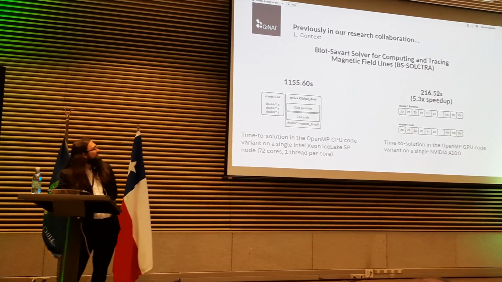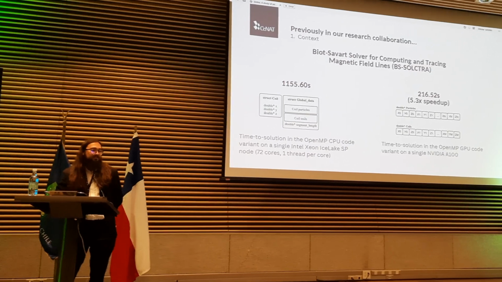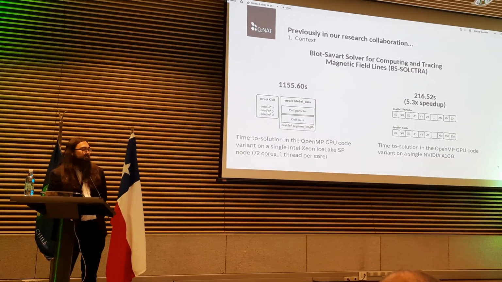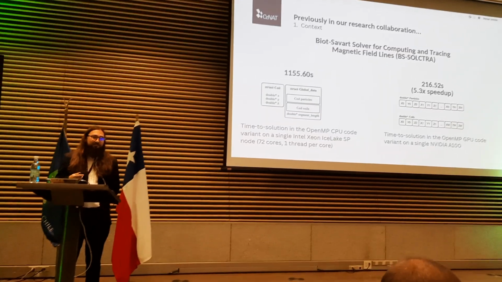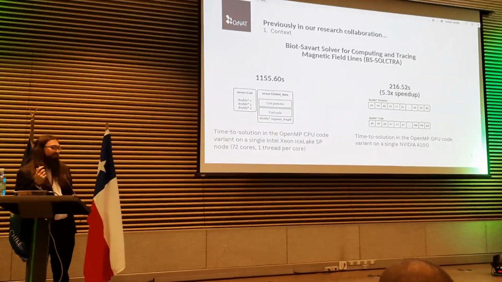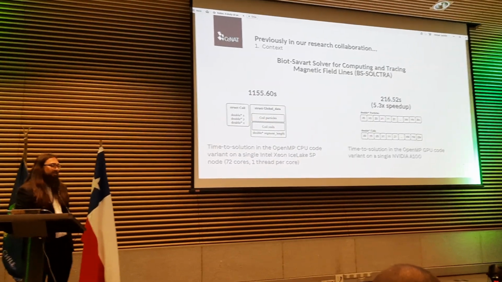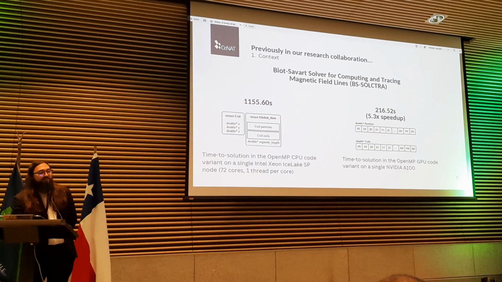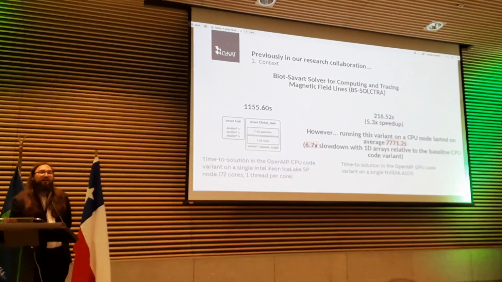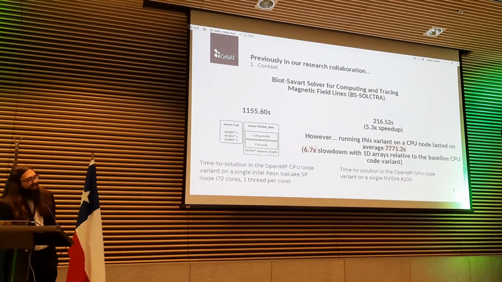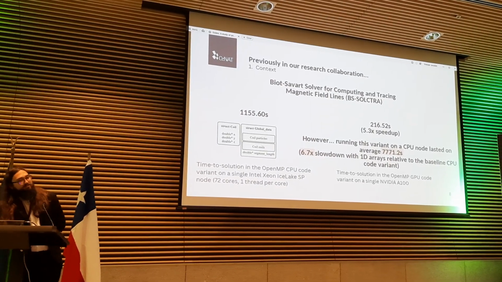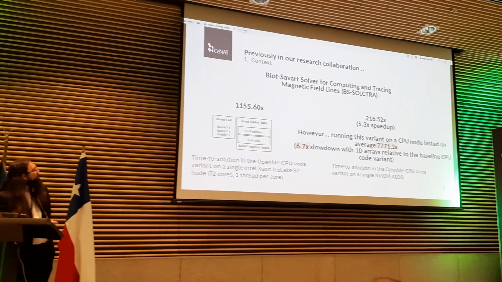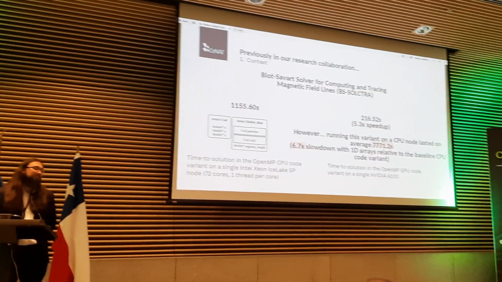This change helped us to obtain a speedup of over 5 times, which at a first glance sounds pretty great, but there's a catch. When we ran the new code variant on CPUs, we had a 6.7 times slowdown relative to the original results we had on the original version of the code.